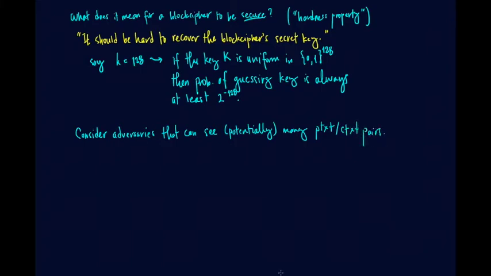So we're considering adversaries that can see potentially many plaintext-ciphertext pairs, where PTXT is shorthand for plaintext and CTXT for ciphertext.